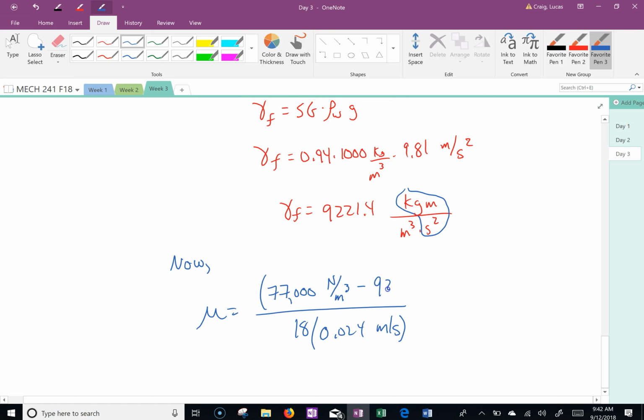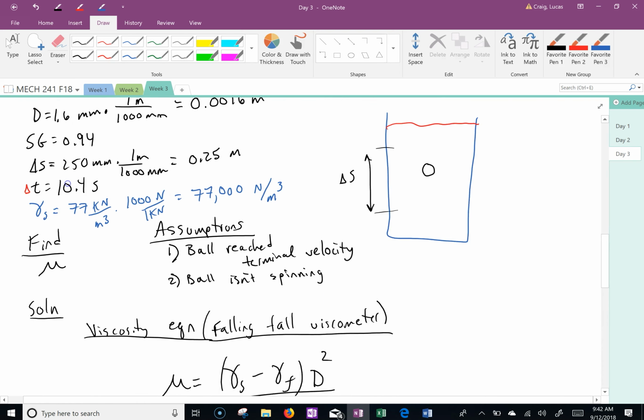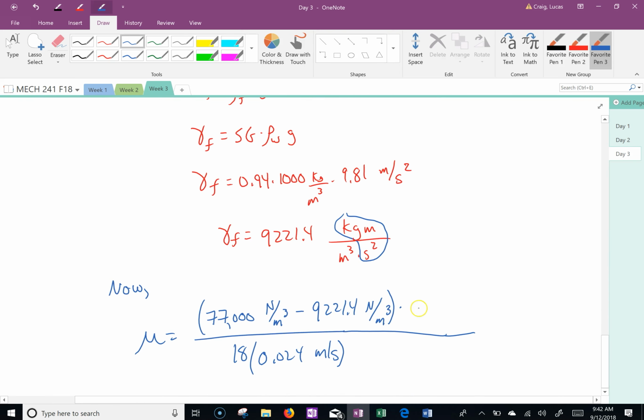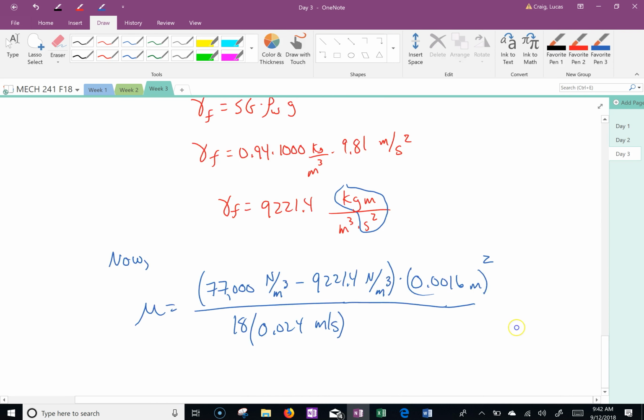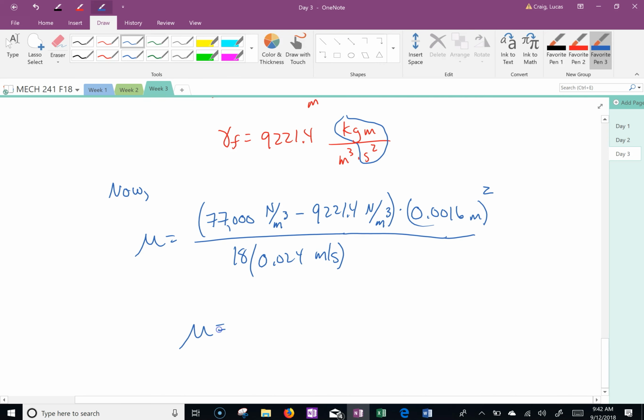Minus 9221.4 newtons per meter cubed times the diameter, which was 0.0016 meters, and that whole thing was squared. And I believe when you do all this, what is it, 0.4 Pascal seconds is the unit you'll end up getting.